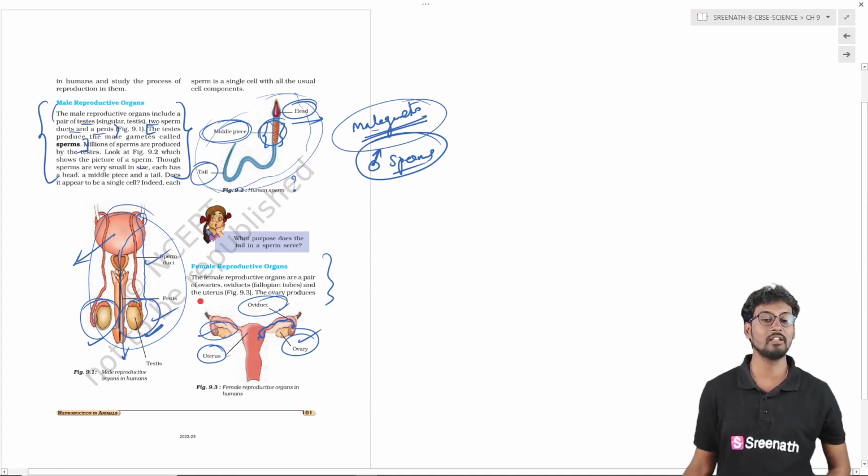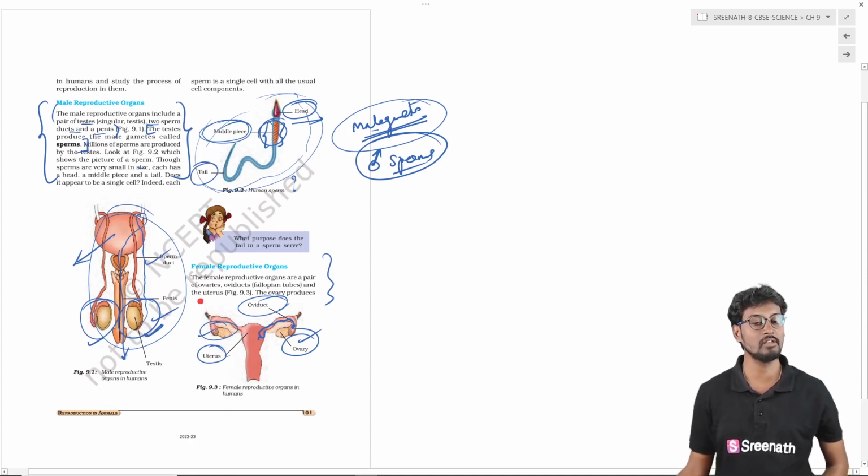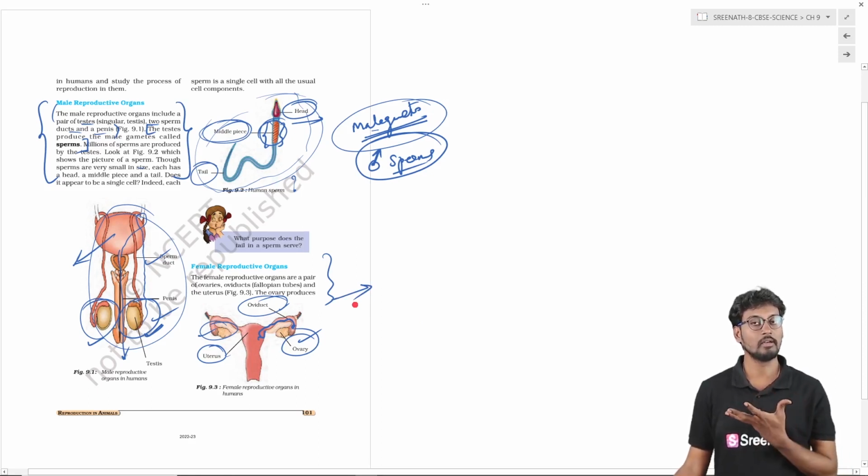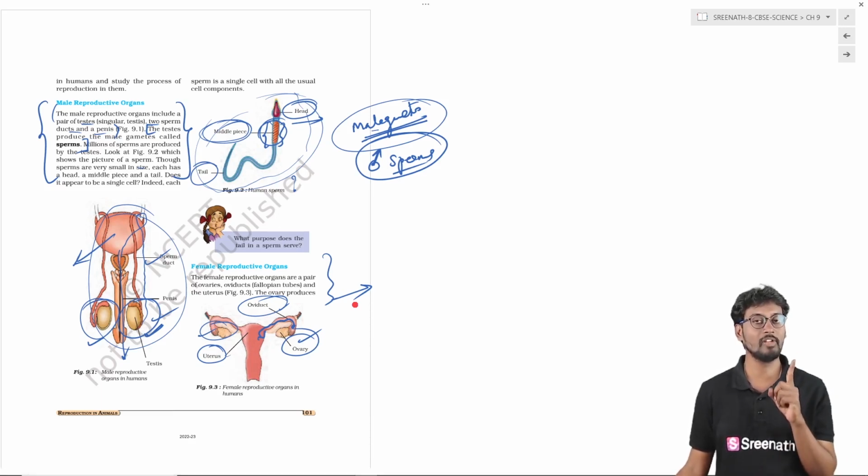And we can see that the sperm is a single cell, a cellular component. The female reproductive organs are where we can see the formation of ova, generally one mature ovum released as a result of one ovarian cycle taking place in the female reproductive system.